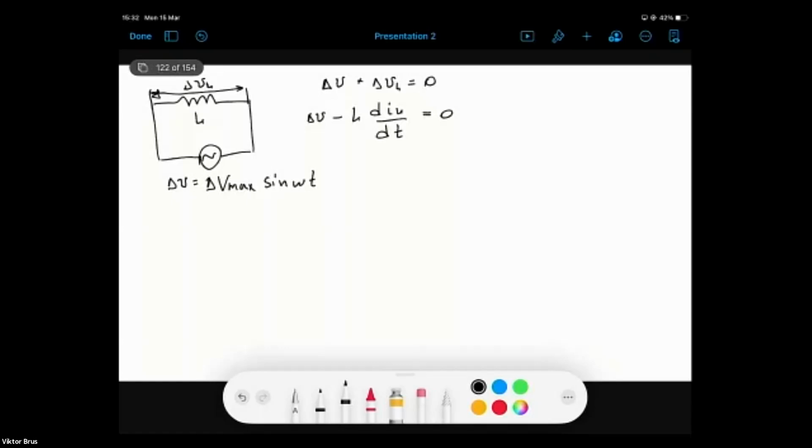So we want to know what the instantaneous current flowing through this inductor will be when we apply this AC voltage to it.